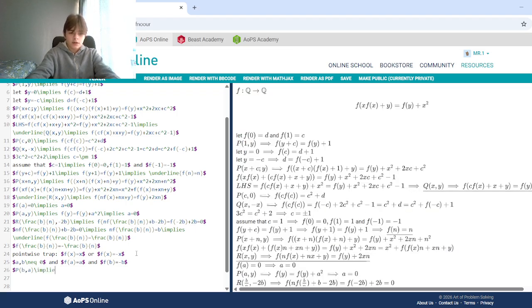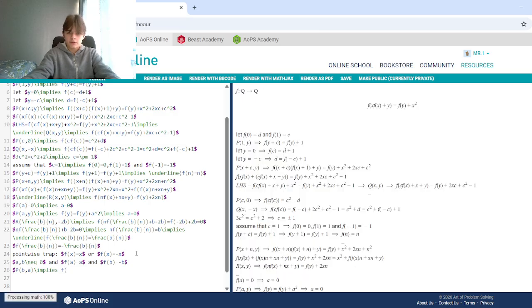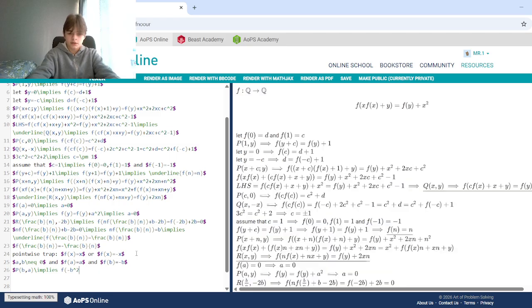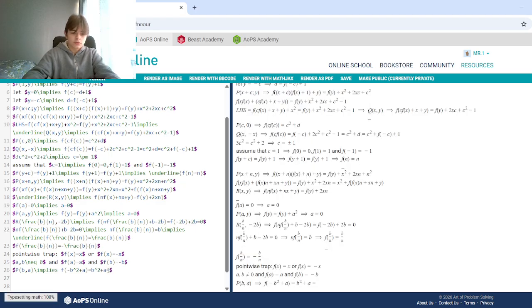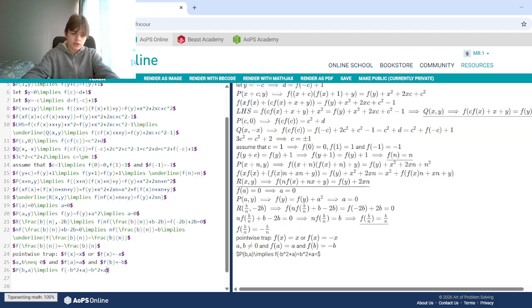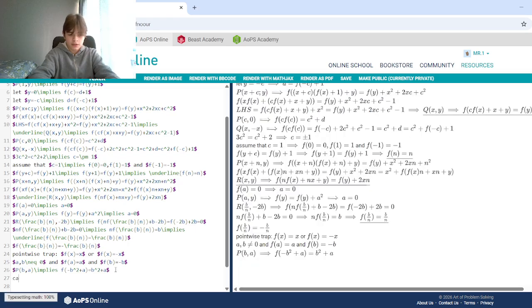This implies that f of minus b squared plus a is equal to b squared plus a, and we know that this could be equal to minus b squared plus a or b squared minus a. We can divide this into cases.